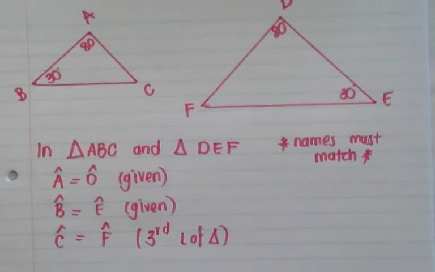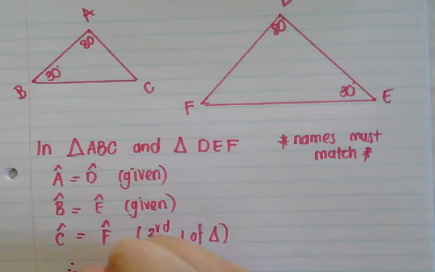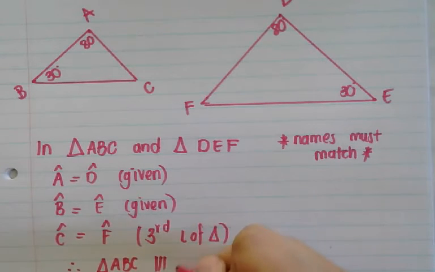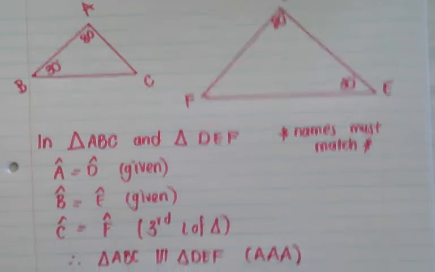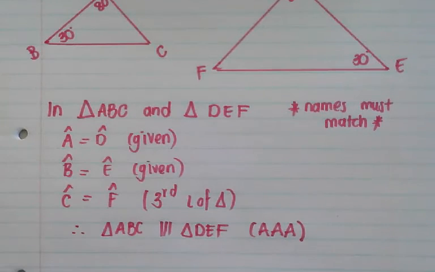So now I've proven angle, angle, angle, so I just need to conclude. Triangle ABC is similar to triangle DEF. We used angle, angle, angle. And just like my proof format that I wrote now, and I said therefore the sides are in proportion, I'm going to do that now, but I'm actually going to specify which sides.